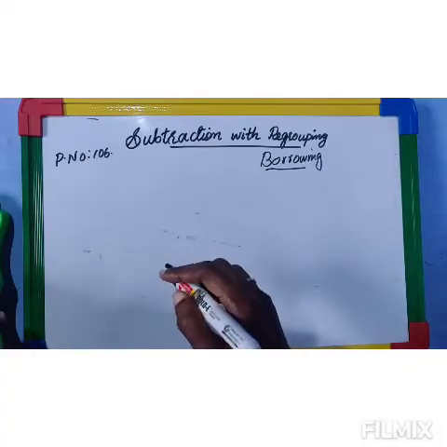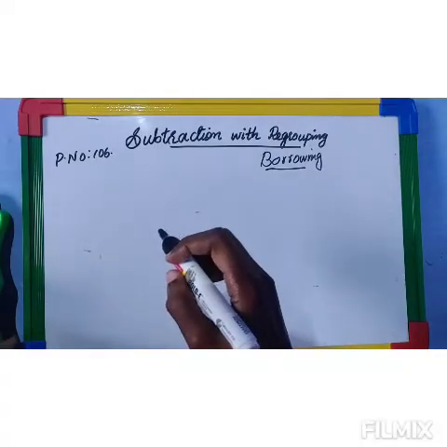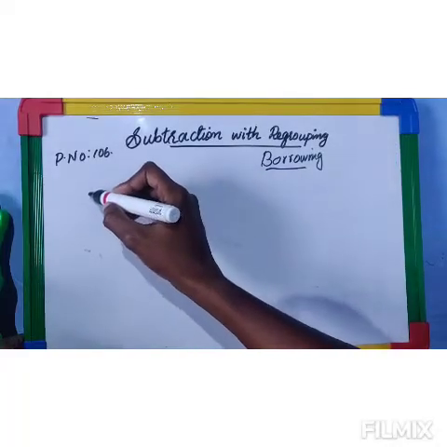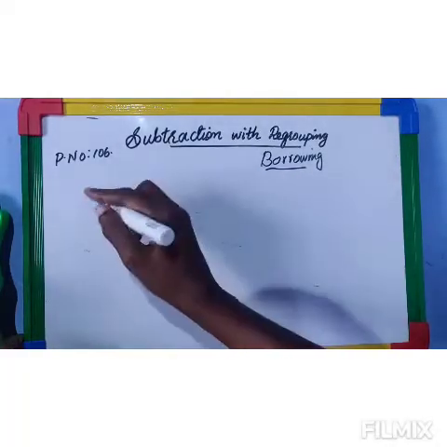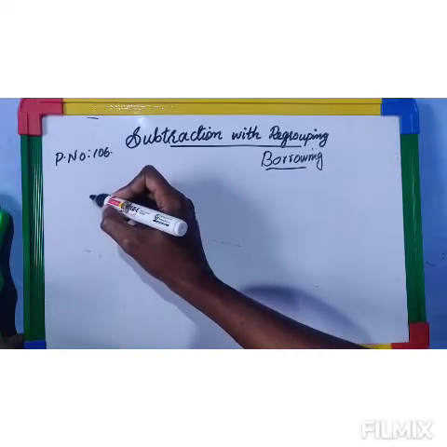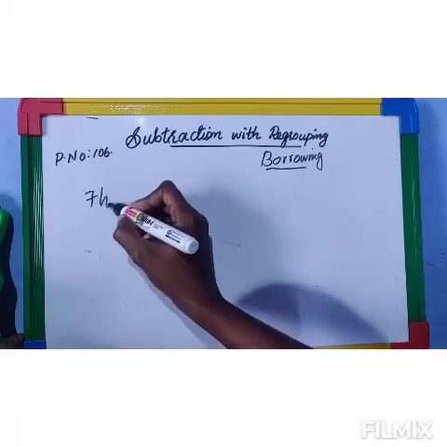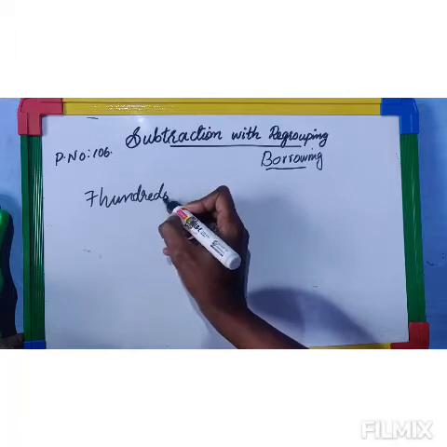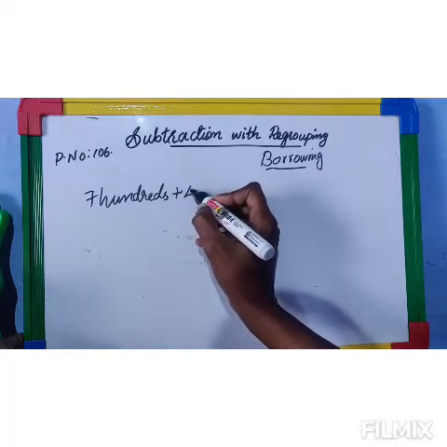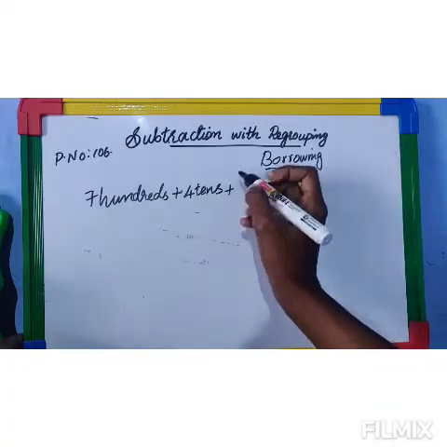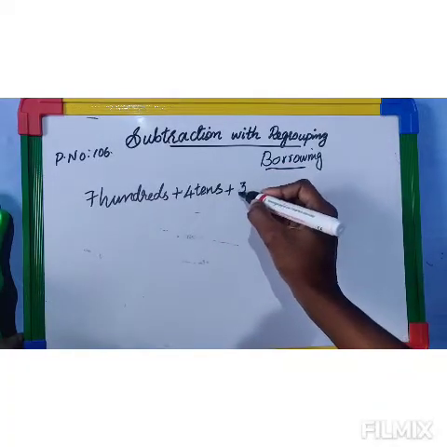So now let's learn. First, let's understand what is regrouping. Suppose, let me write one number in expanded form and explain to you. Here there are 7 hundreds plus 4 tens plus 3 ones.